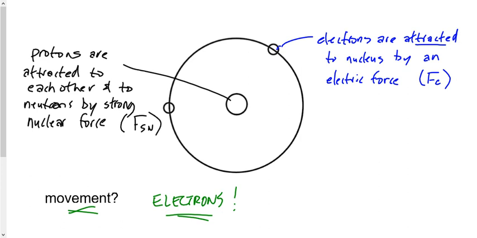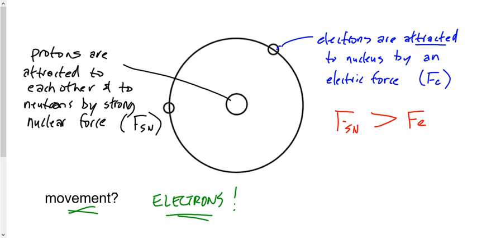And generally speaking, within the context of the atom, not always within the context of the nucleus itself, the strong nuclear force would be bigger than the electric force. So the whole thing wants to stay together, right? The strong nuclear force holds the nucleus together.